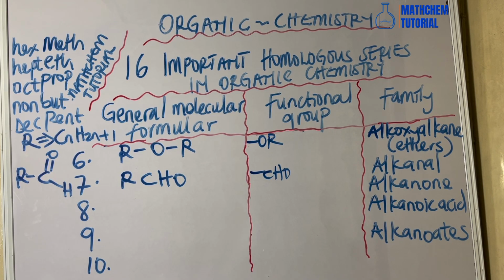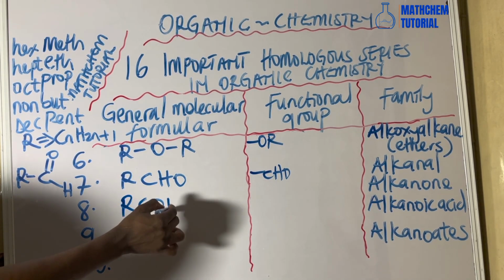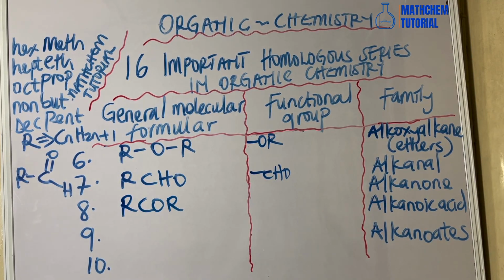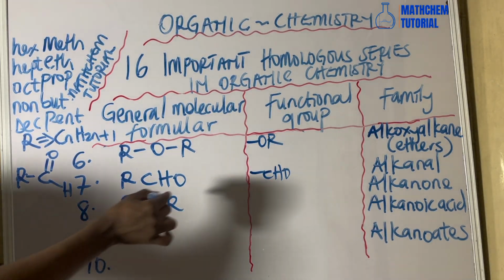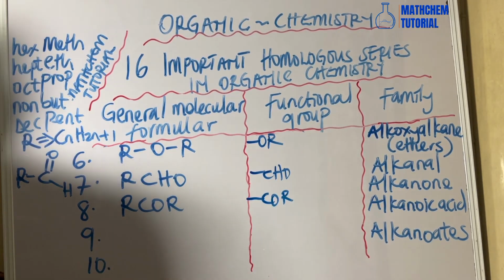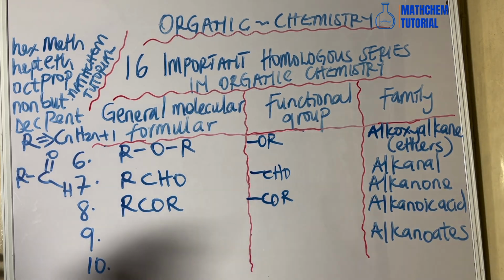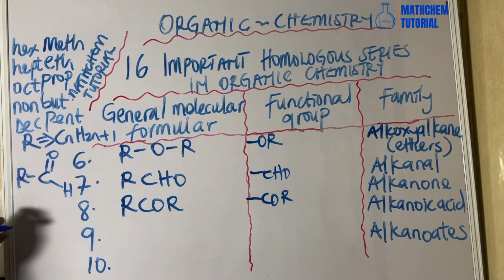Now looking at alkanone. Alkanone has the general formula RCOR, whereby the functional group is bond COR. Let me show you how the structure looks.